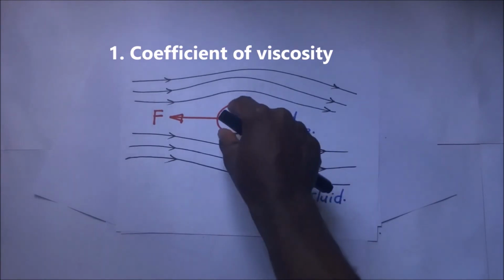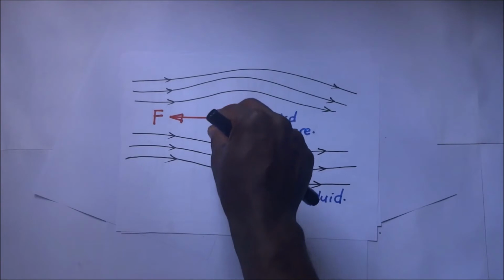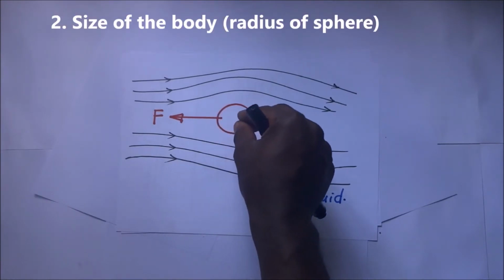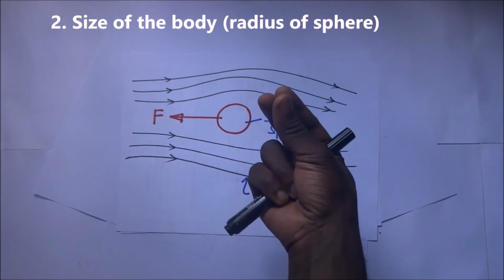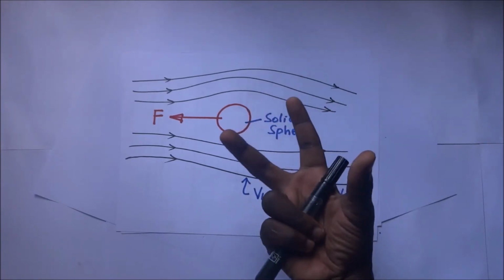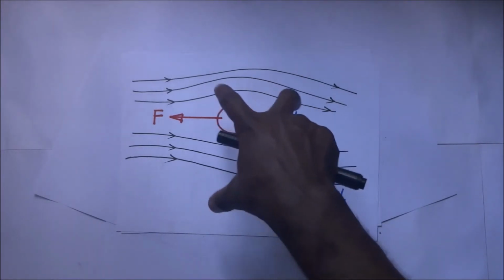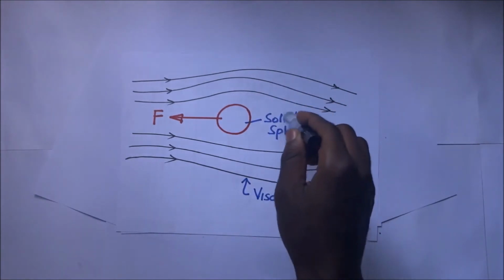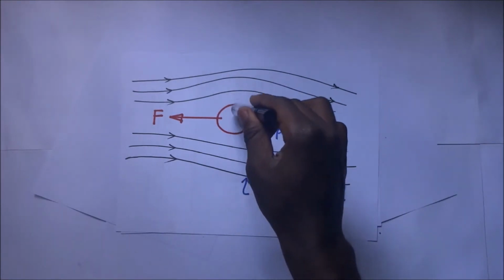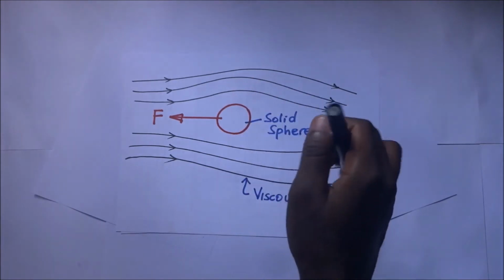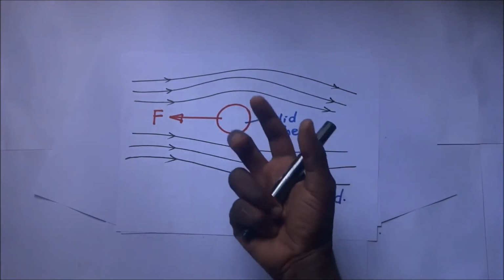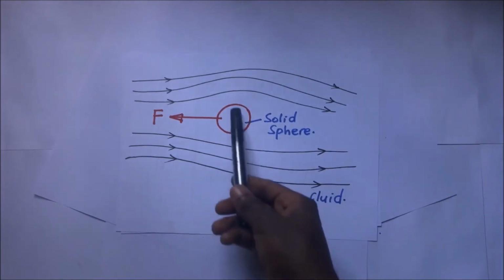The resistance experienced by a small body will not be the same as that experienced by a big body. So if we're talking about a solid sphere, we'll be talking about the radius of the sphere. The radius of the sphere will influence how much resistance it will face as a body.